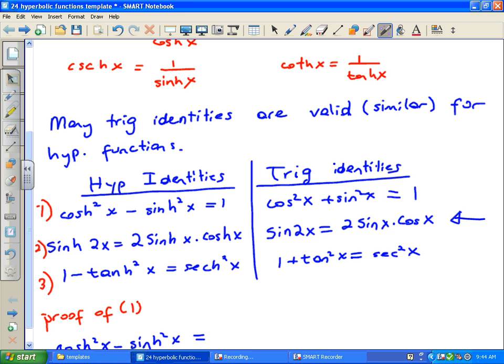There's a very similar one, as you can see on the left column, for hyperbolic sine. And we know this identity, 1 plus tangent squared is secant squared. We've used it in the past, right? For hyperbolic functions, again, you have 1 minus hyperbolic tangent squared equals hyperbolic secant squared. So there are very similar properties. We're going to show 1 or 2 of those.